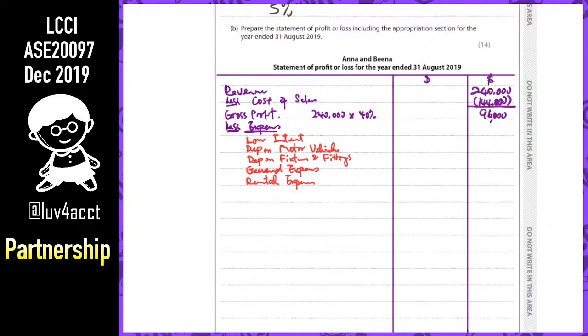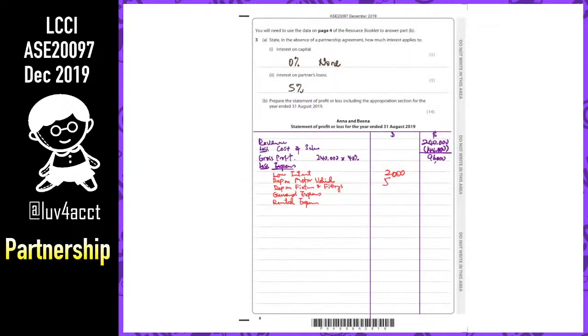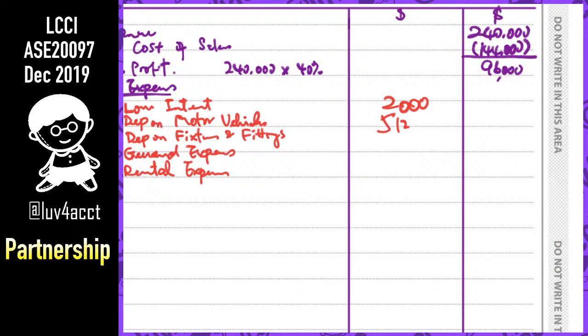So loan interest 2,000. Then motor vehicle depreciation 5,120, and fixtures and fittings 3,655.